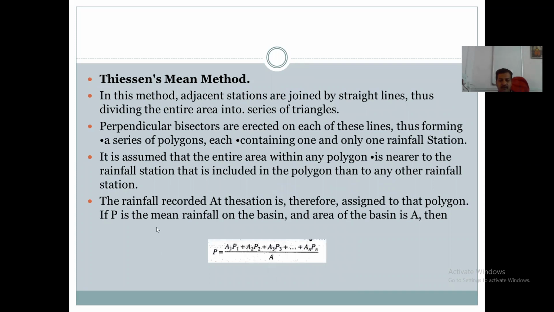Then the mean rainfall of the entire basin is calculated by this equation.